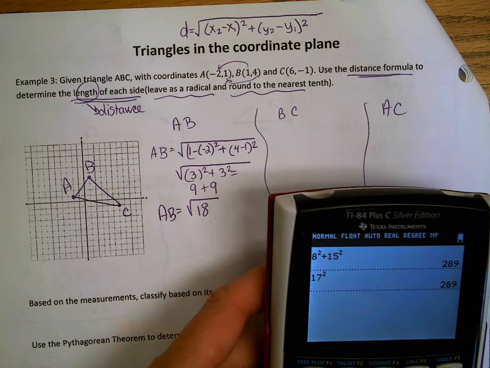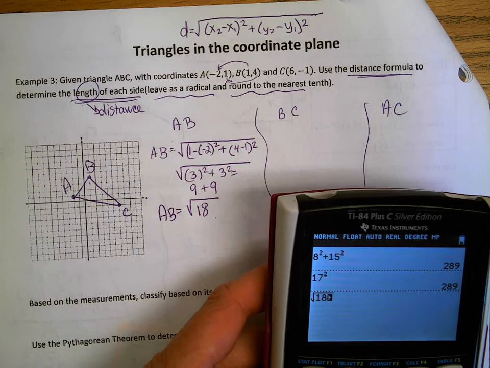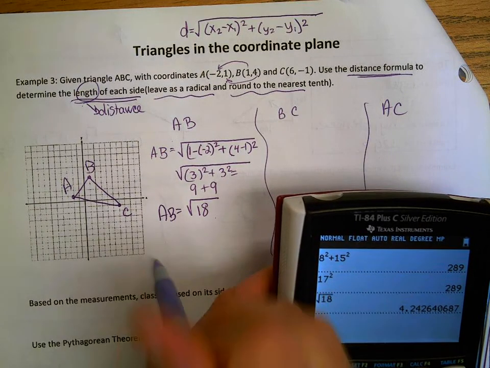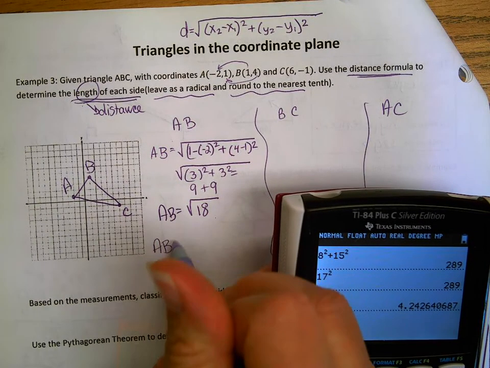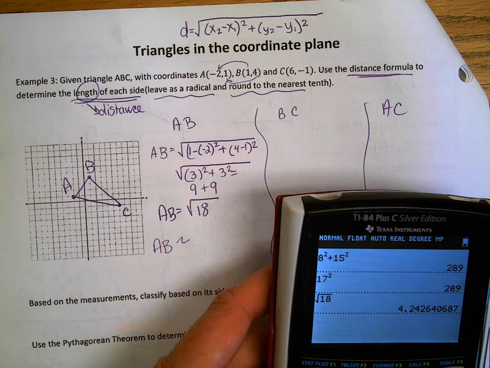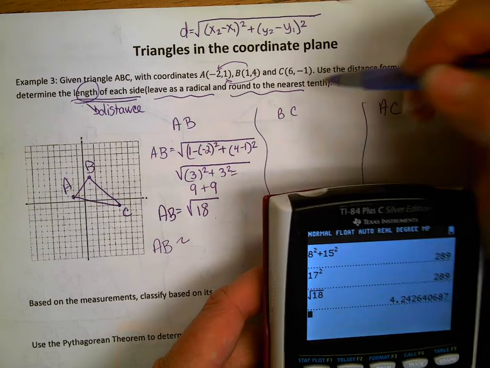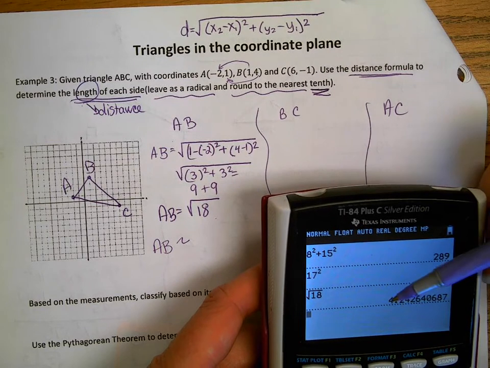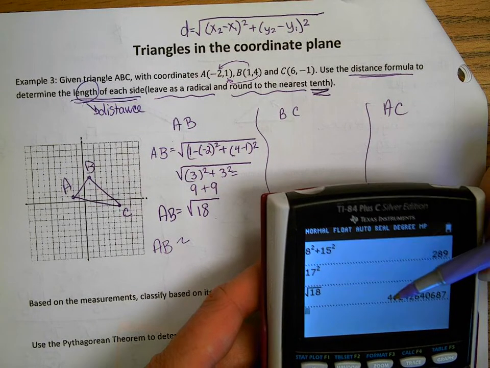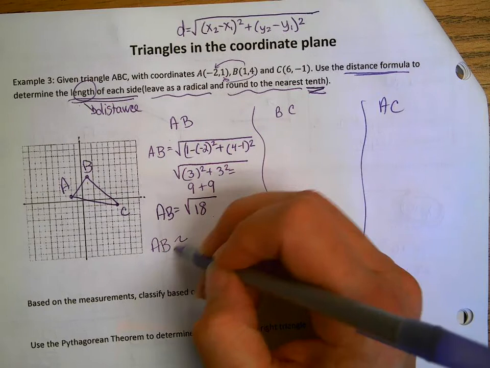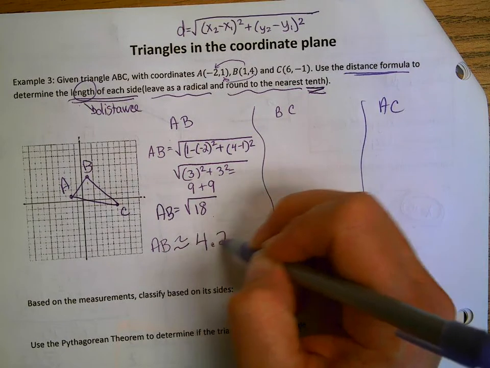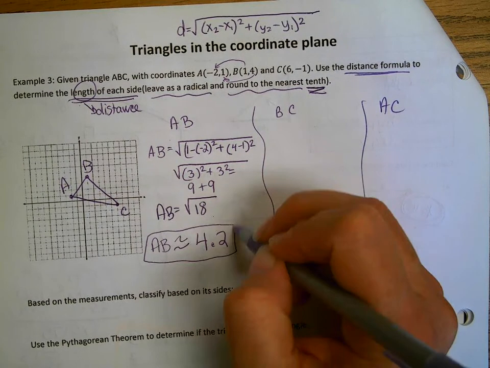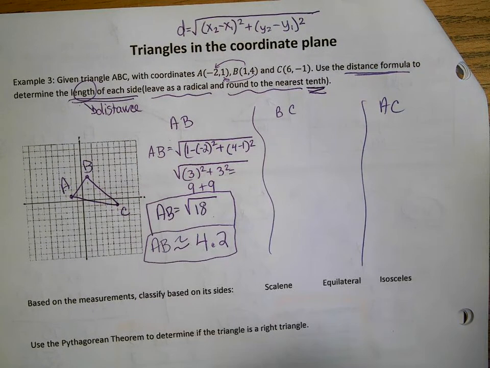Now, if I were to do the square root of 18 in my calculator, that also approximates to become, to the nearest tenths place, rereading the question, 4.2. That 4 does not make it go up anymore, so we're going to keep 4.2. So it's approximately 4.2. So I guess we asked for both answers there.